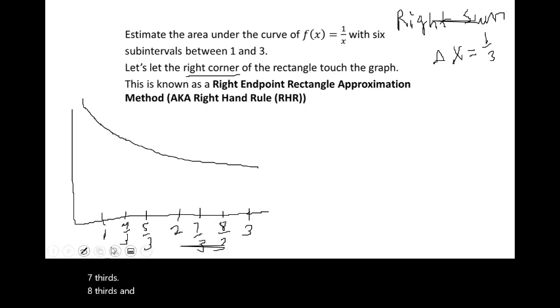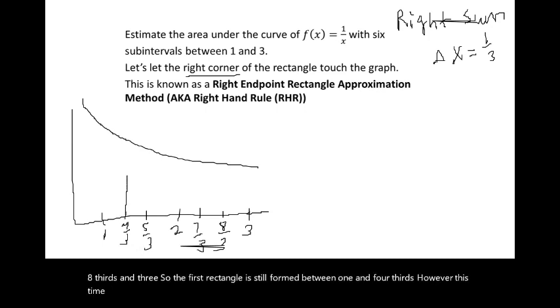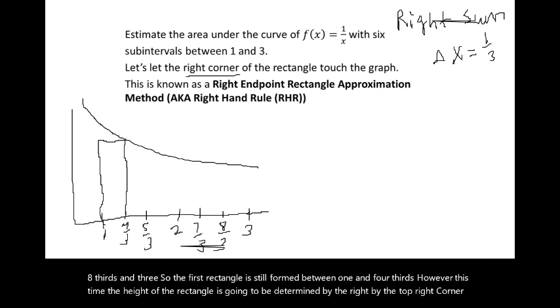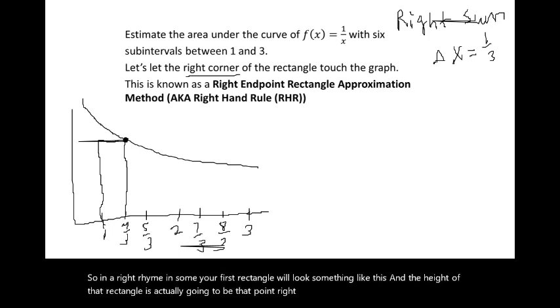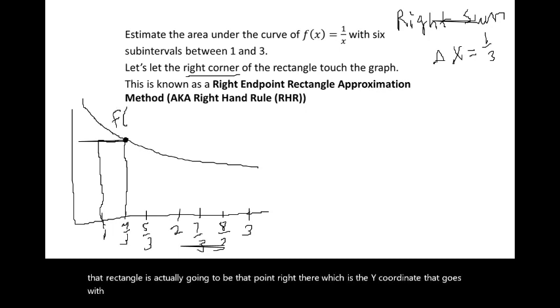So the first rectangle is still formed between 1 and 4/3. However, this time the height of the rectangle is going to be determined by the top right corner. So in a right Riemann sum, your first rectangle will look something like this, and the height of that rectangle is actually going to be that point right there, which is the y-coordinate that goes with 4/3. So the height of the first rectangle is going to be f of 4/3.